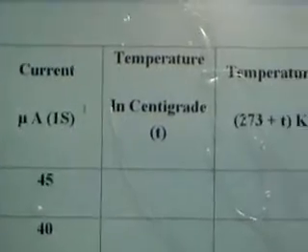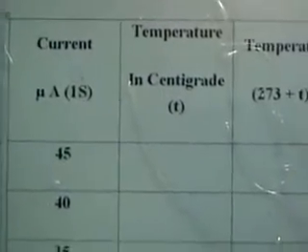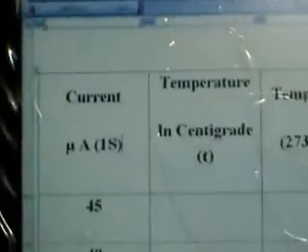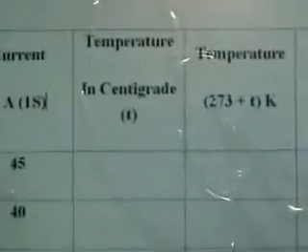The readings can be recorded as shown in the tabulation. The first column is the current in microamps, the saturation current. We fix the current values as 45 microamps, 40, 35, 30, 25, 20 and 15 microamps.